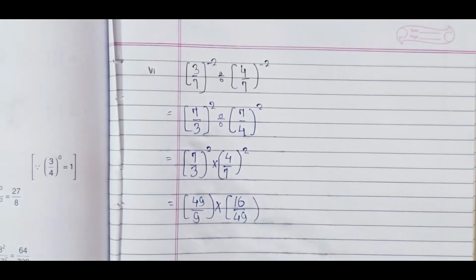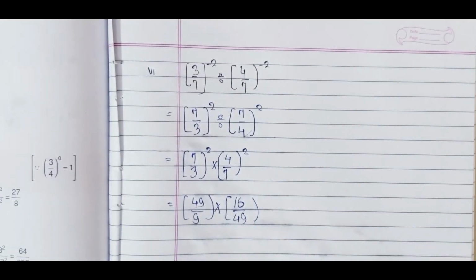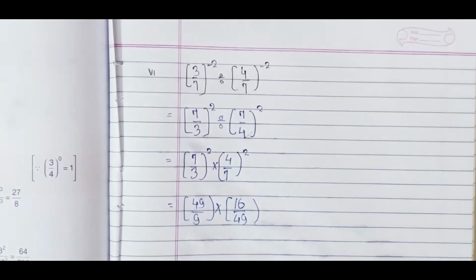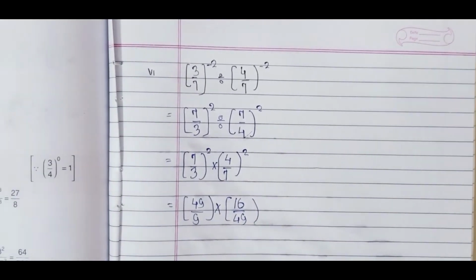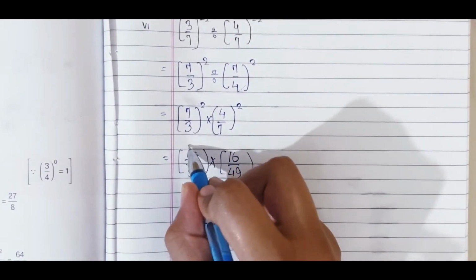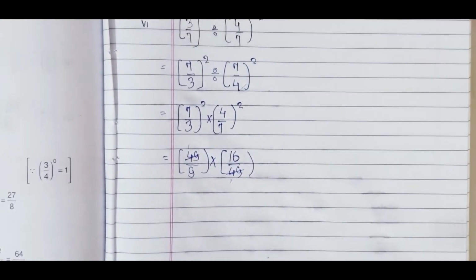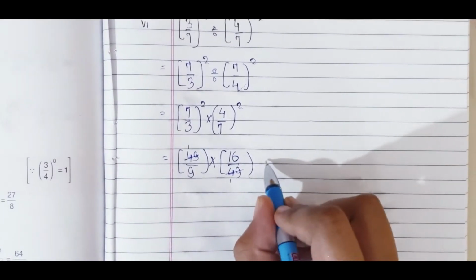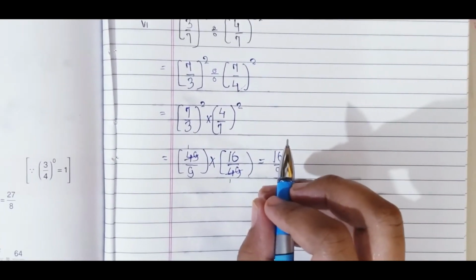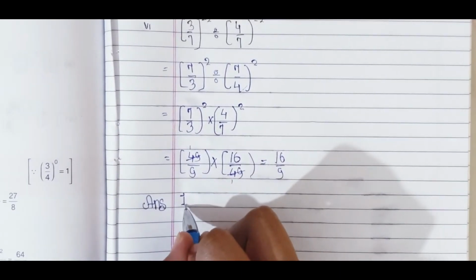And guys, here you can first make the exponential numbers into rational numbers and then make the division a multiplication, and both ways you can do it, as you think is better. So now we will cut it. 49 by 49 is 1 and 1, and now 9 and 16 cannot be cancelled, so it is 16 by 9. So our final answer is 16 by 9.